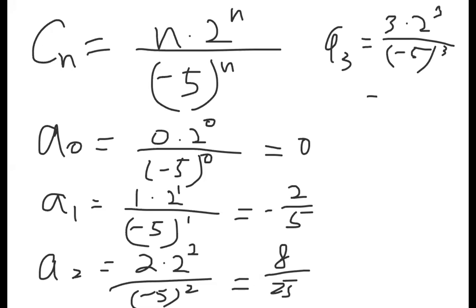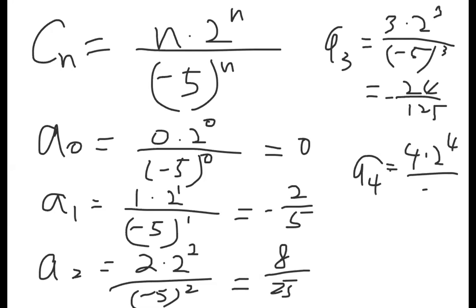You should have minus 24 divided by 125. A4 is 4 times 2 to the fourth divided by minus 5 to the fourth power. You should get 64 divided by 625. Okay. Any questions?